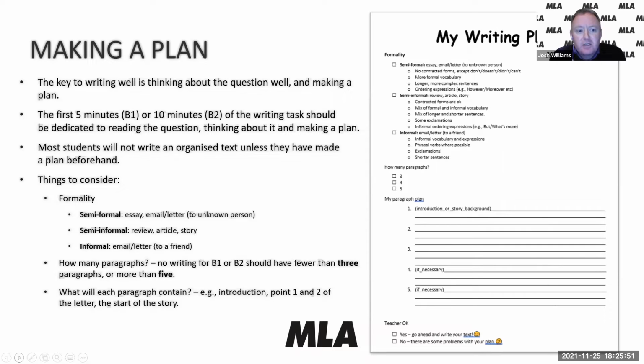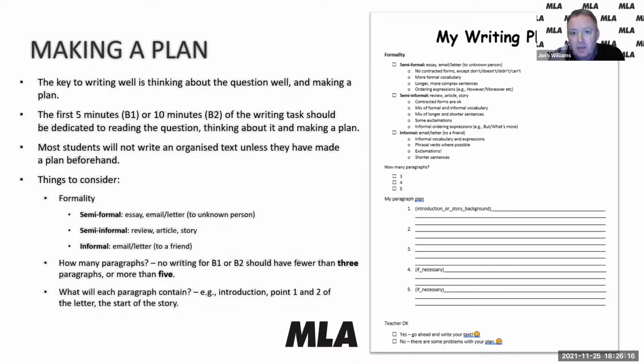Some things to consider, which I put at the top, is the formality. You're going to be semi-formal if you're writing an essay, and an email or a letter to an unknown person. Semi-informal for a review, article or a story. And informal for an email or letter to a friend.